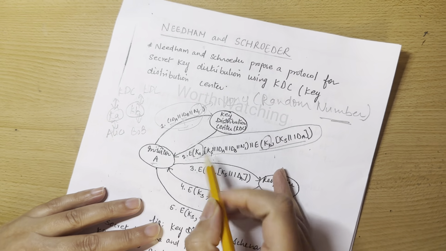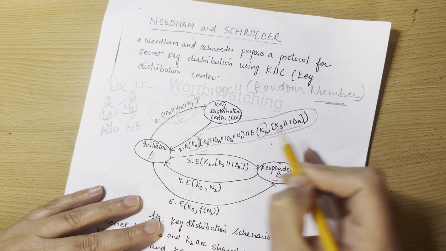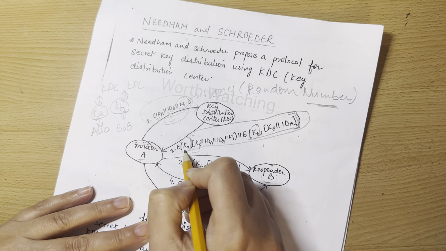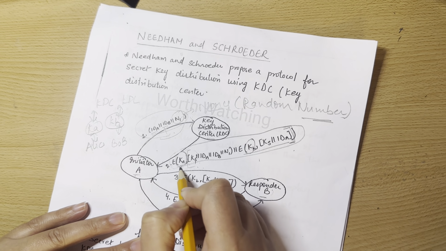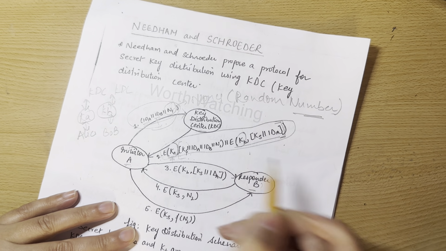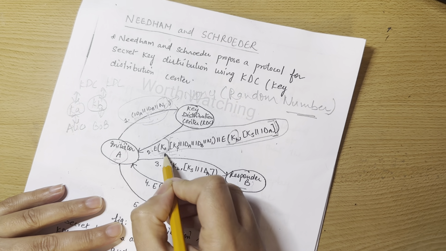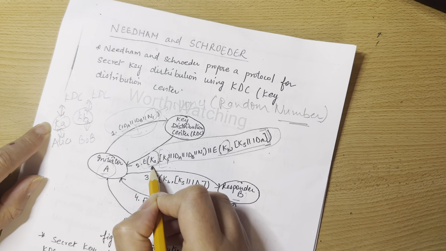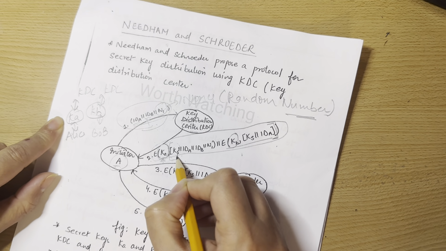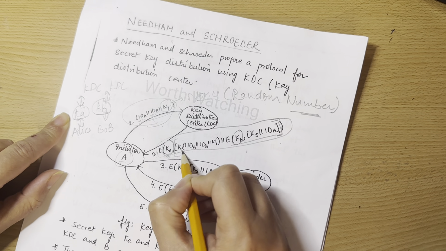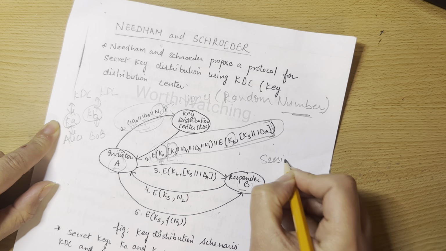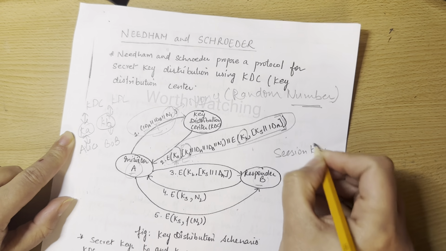It encrypts this big message with the key of A, that is Alice. That means only Alice can open this message, because it is encrypted with the key which Alice knows. In the bigger message it has sent a session key. So what is the session key here? Session key is KS.